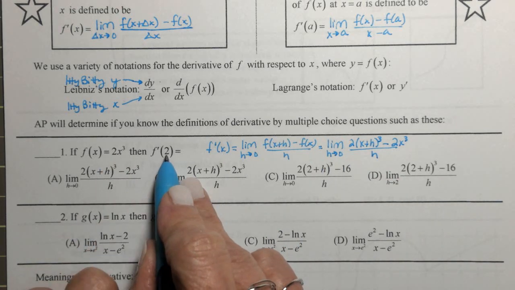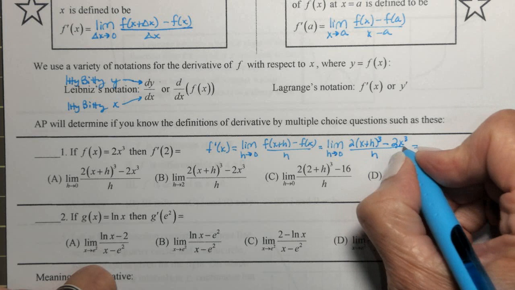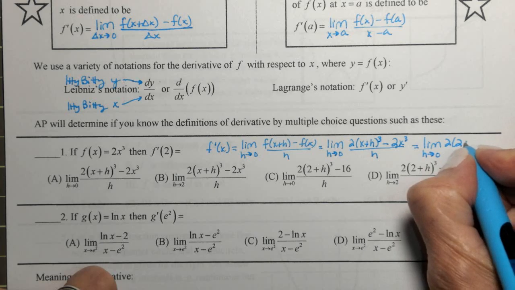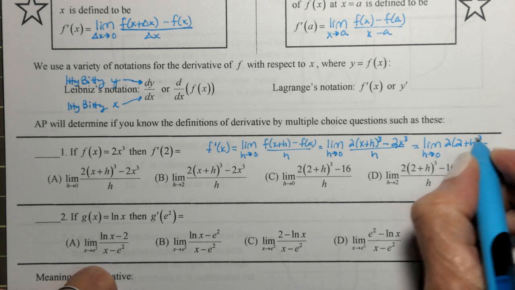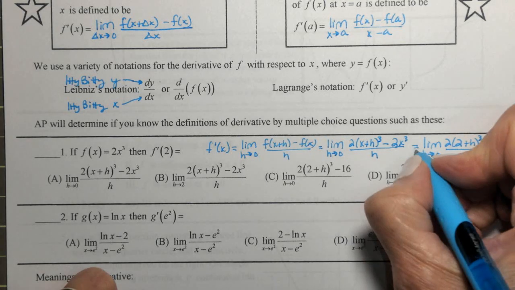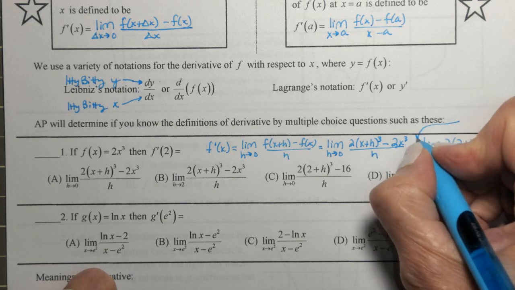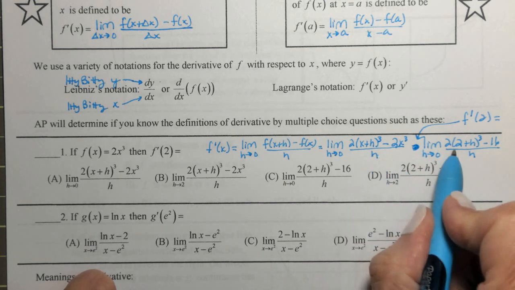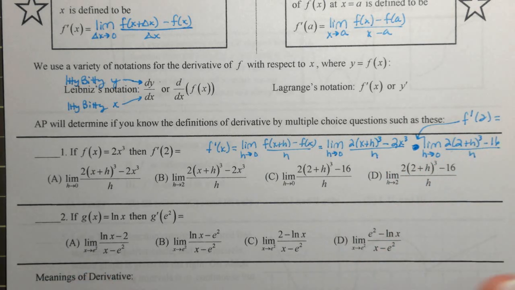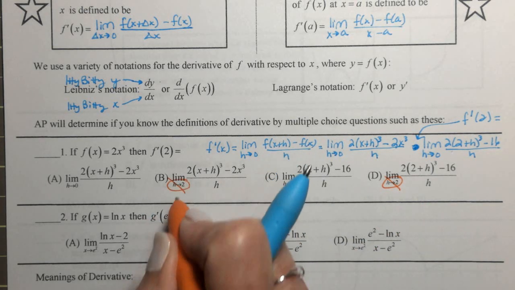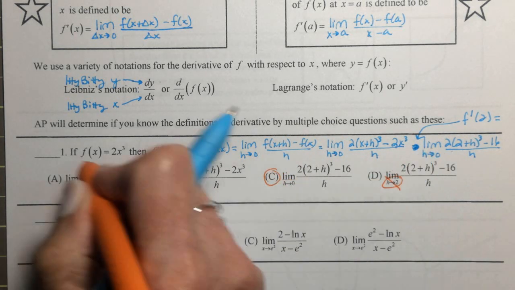Now they want me to replace x with 2, so I will. 2 cubed is 8 times 2 is 16. Oh, I shouldn't write an equal sign here. This is equal to f prime of 2. This is not equal to that. It's equal to f prime of 2. So which is the same? Let's see. This is no. This is no. I need the 16, so my answer is C.